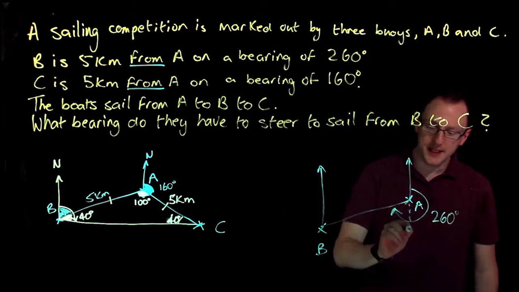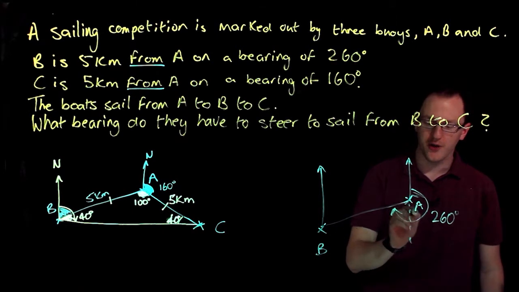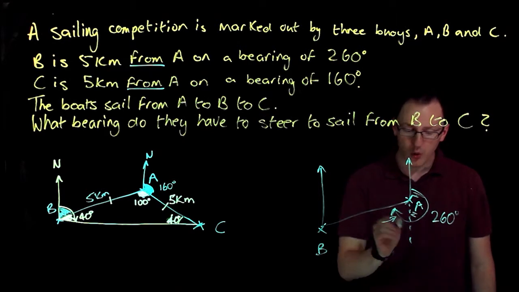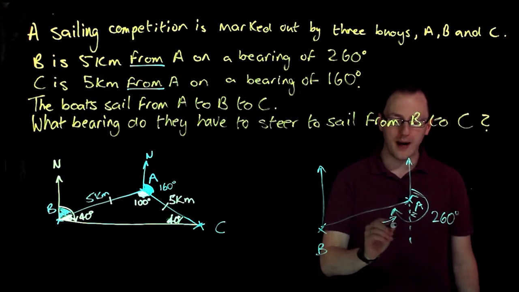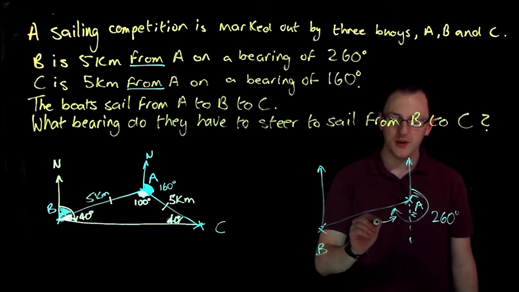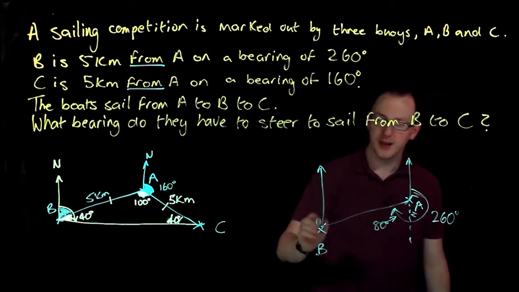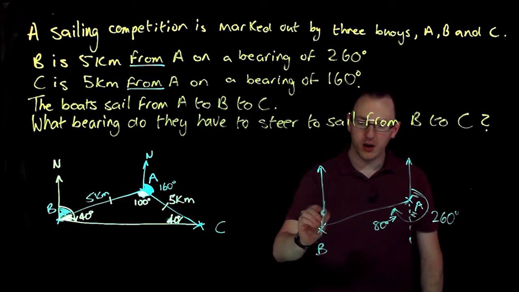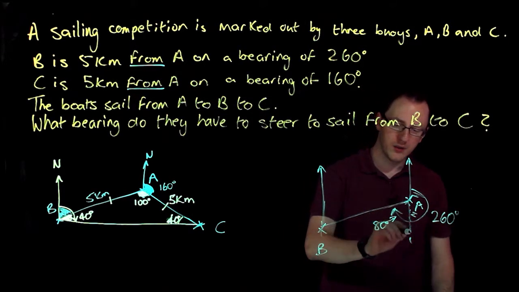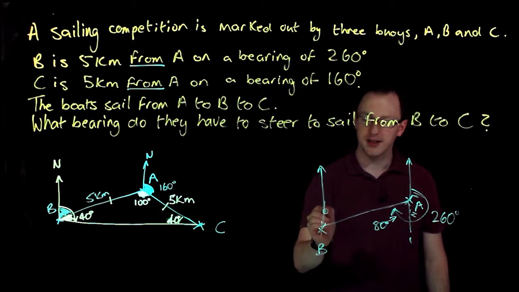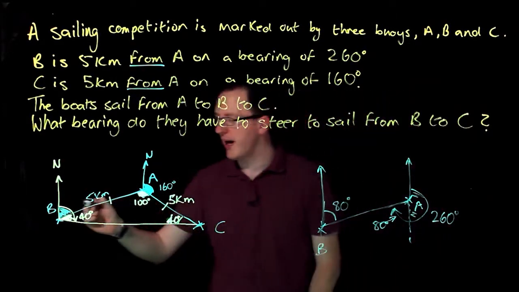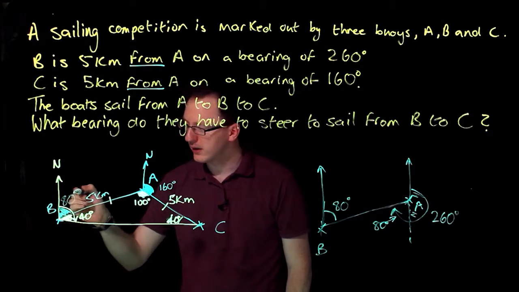To face due south would be 180 degrees. So this angle here would be 260 take 180, which would be 80 degrees. And now we've got 2 parallel lines. So these are alternate angles, which means this angle and this angle are the same size. So that's 80 degrees. So our blue angle is 80 degrees.